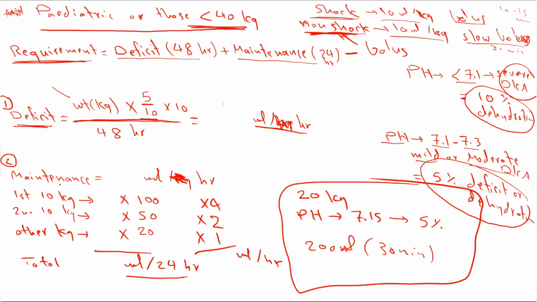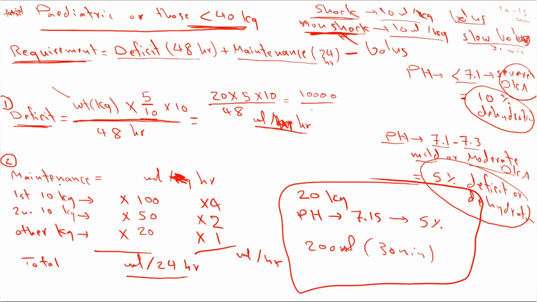The weight of the patient is 20, multiplied by 5 dehydration, multiplied by 10 because of the percent. So 20 by 5 by 10 equals 10,000.